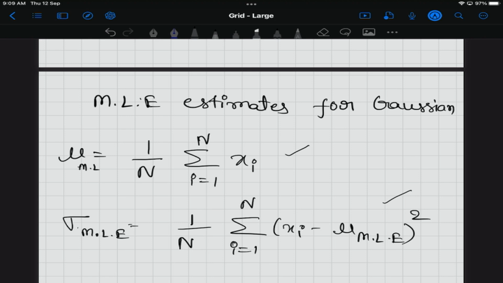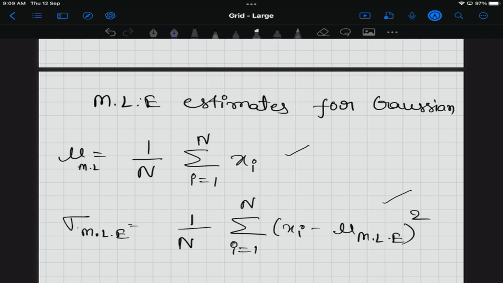Maybe for the Gaussian it is true, and the exponential that you have tried, is it true in the case of exponential? The lambda parameter that you derived by maximizing your likelihood, is it equal to 1 by sample mean? Yes. So it holds for your exponential and Gaussian, and maybe for a few other distributions, but in general it is not true.